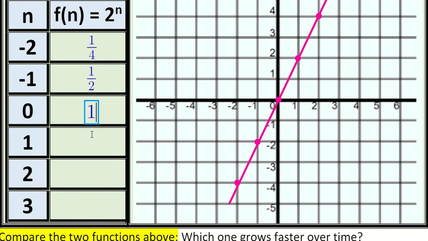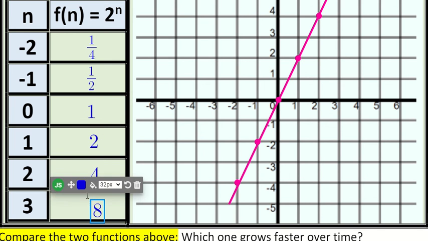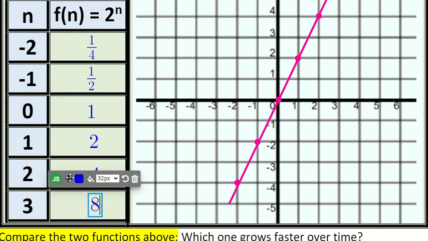Anything to the first power is itself, so 2 to the first power is 2. 2 to the second power, we multiply 2 times 2, we get 4. And lastly, 2 to the third power is not 6. It's 2 times 2, which is 4, times 2 one more time. 4 times 2 is 8. And that's how we get the values for the second table.